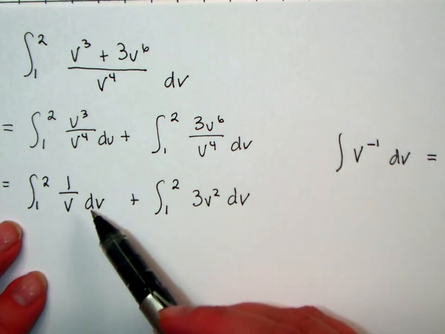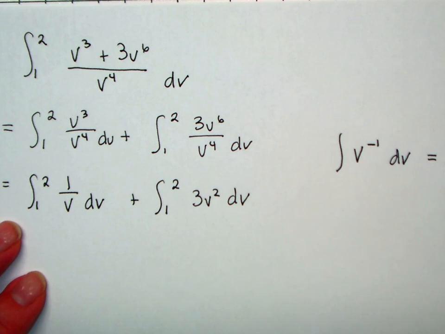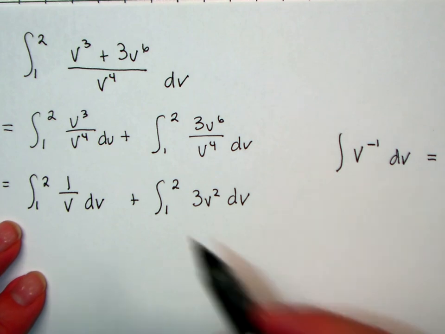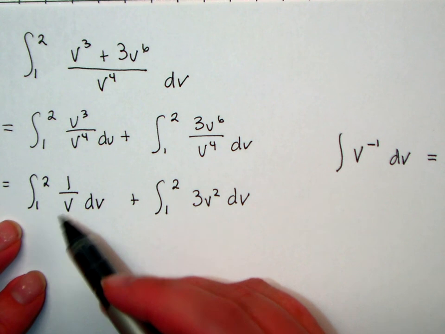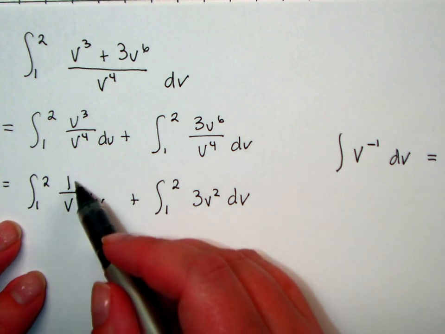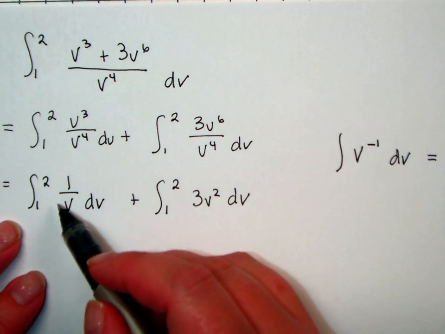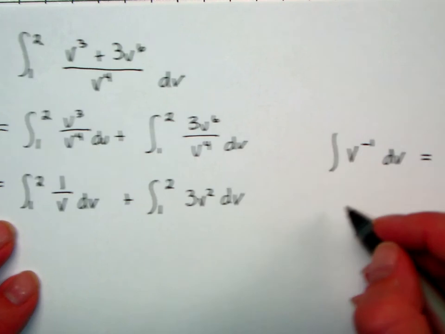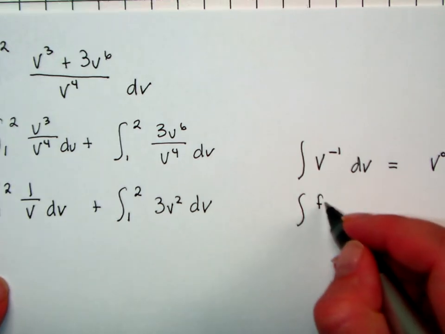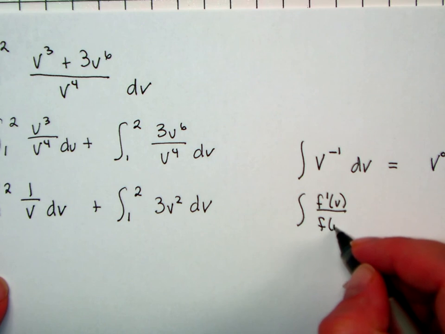And so if we have a v to the negative 1 power, and we're not going to integrate using the power rule here, how do we integrate this? Well, this is really the derivative of v over v. Because if I had the function as v, the derivative of v would be 1. And so we really have an integral of f prime of v over f of v, if you will.